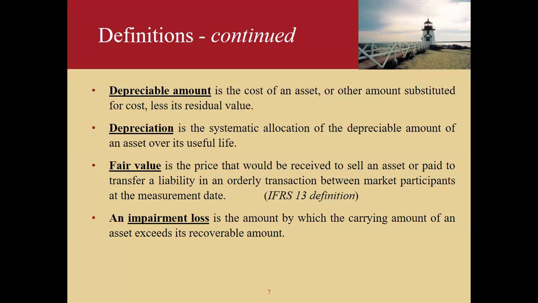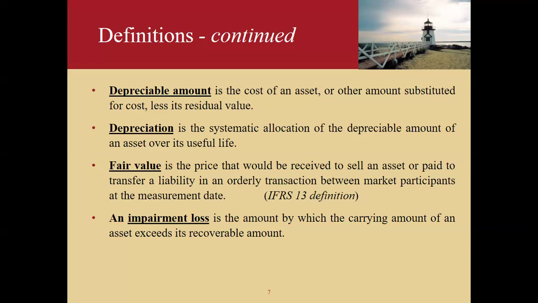The other term is an impairment loss. Please take note of all these definitions because they are going to resurface as we move on. So if you've not understood them well, you will face challenges in giving explanations as we move on.